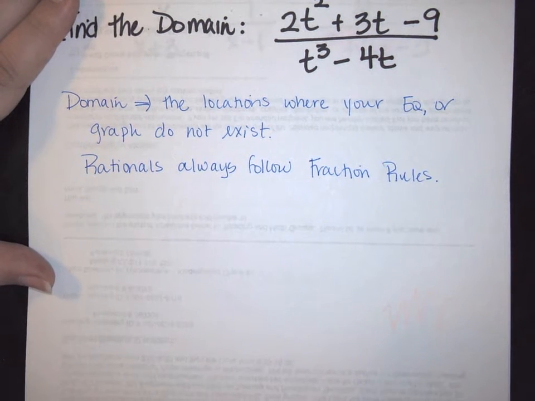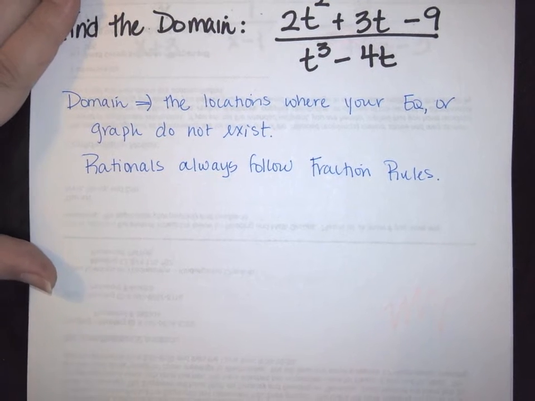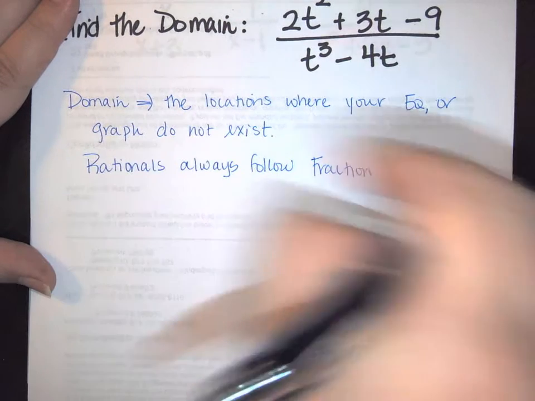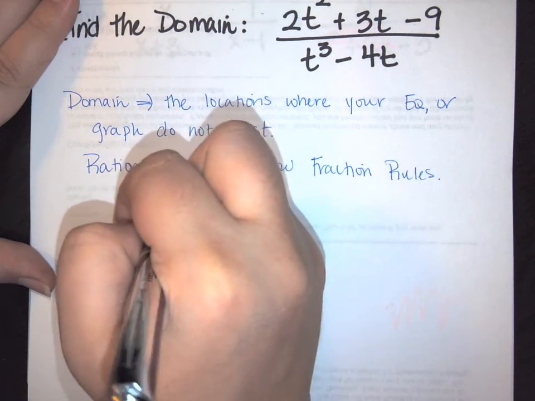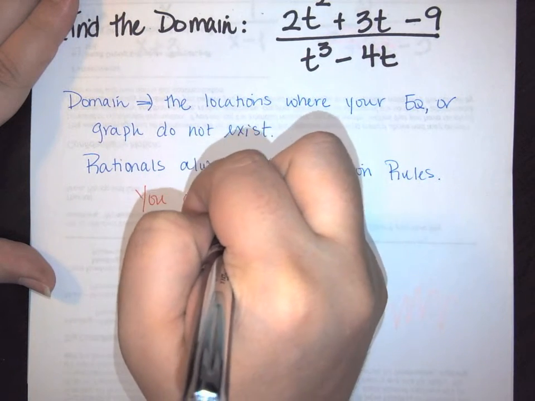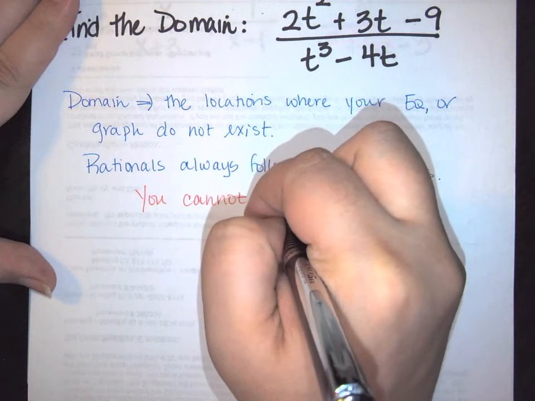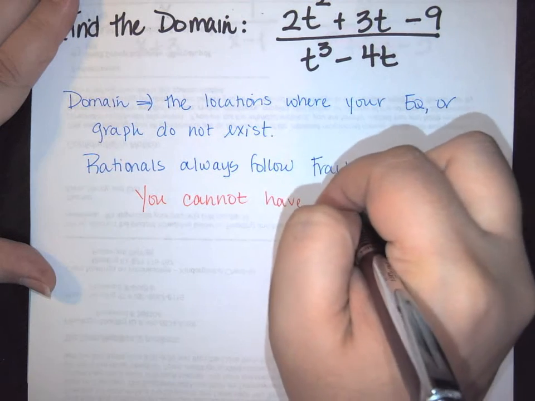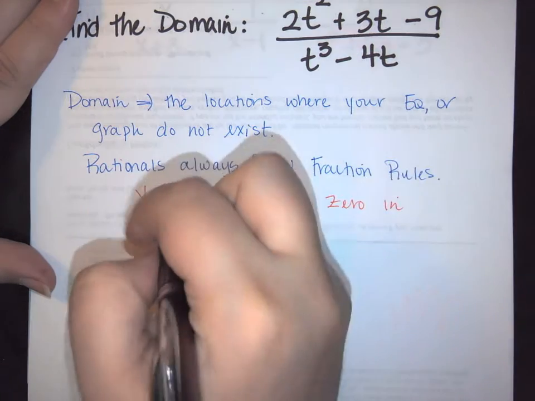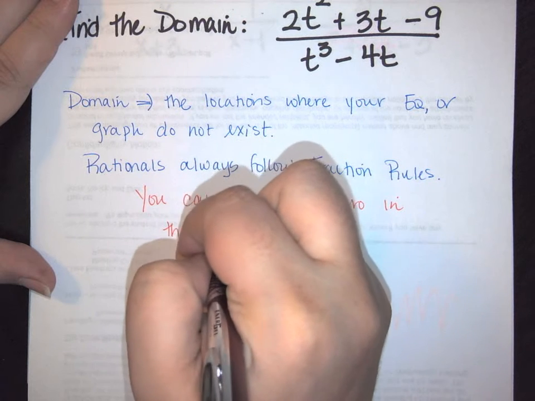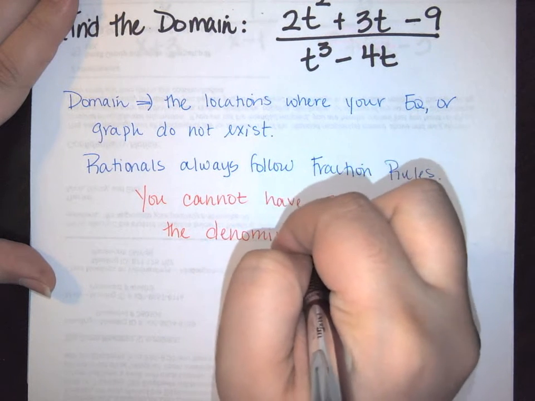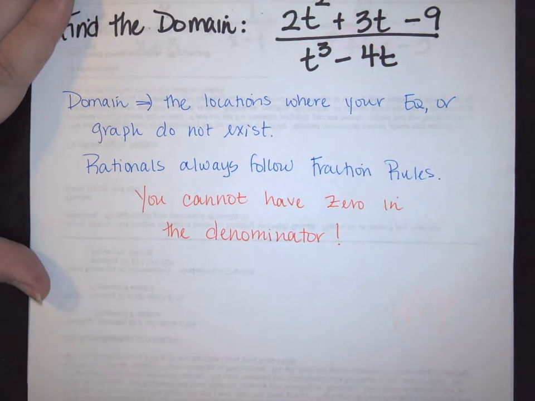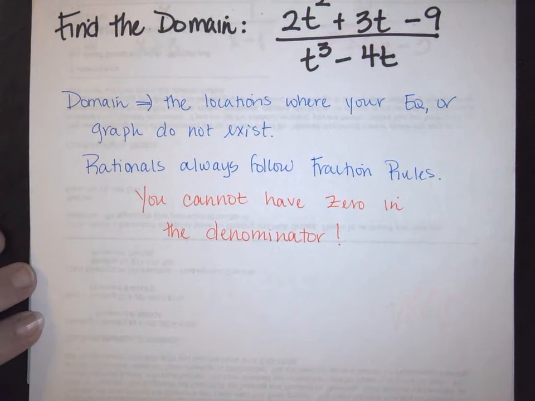In other words, the biggest fraction rule that we have says you cannot have 0 in the denominator. So we have to follow that rule, and that's where your domain comes from.